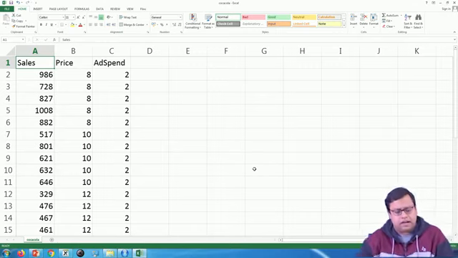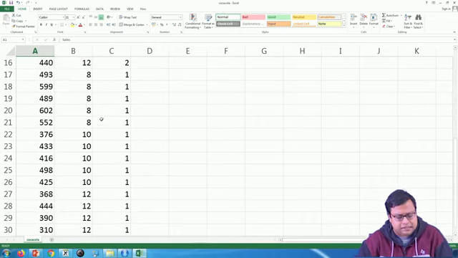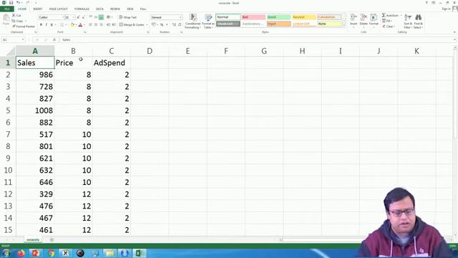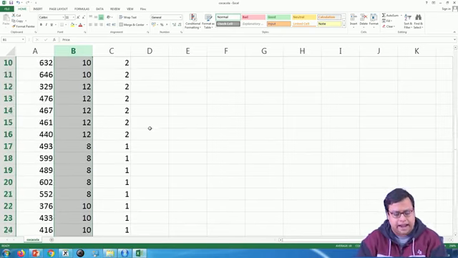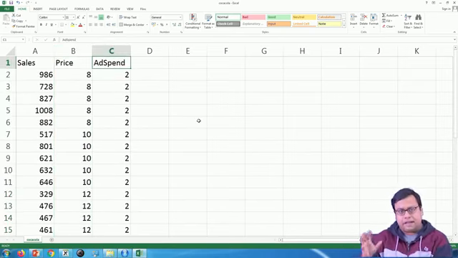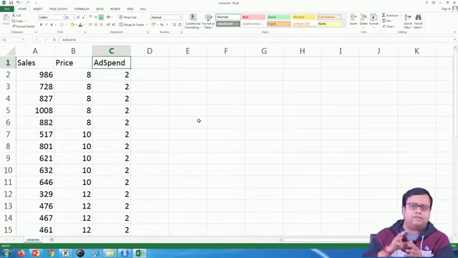The prices were, let us say, 8 rupees, 10 rupees and 12 rupees. So, there are 3 types of prices. And for the advertisements, the campaigns that they did were of 2 types, 1 and 2.